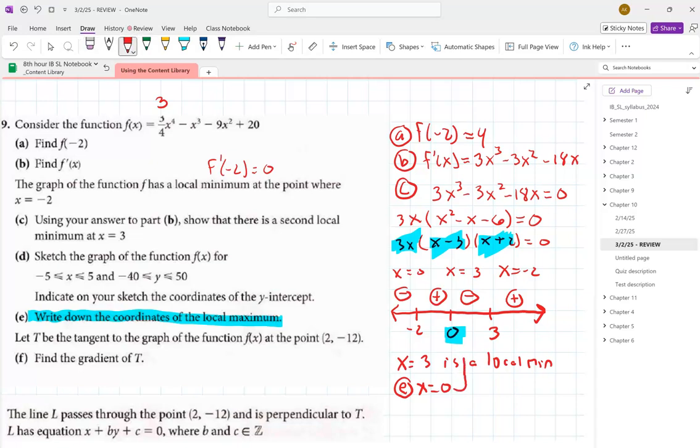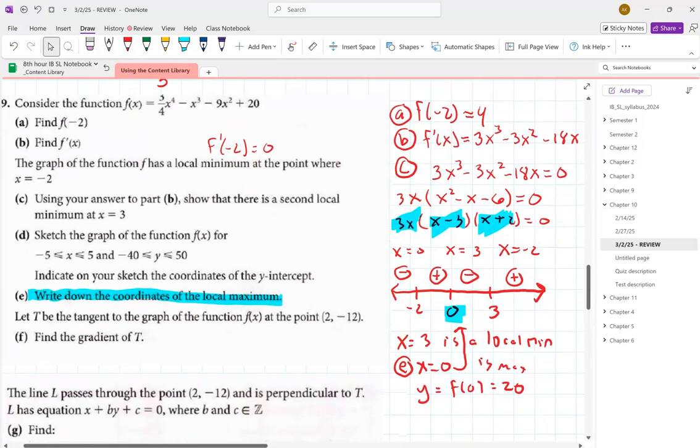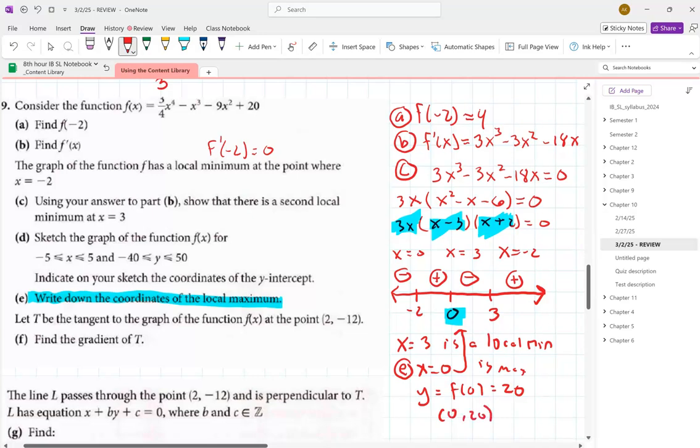So to get the y coordinate for that, I just do f of 0, which I can see is 20, because everything has an x in it, other than the 20. Right, I'm just plugging 0 in, so it's 0 times 0, plus 0 plus 0 plus 0 plus 20. You're like, whoa, that was fast. Yeah, the 0 made it really easy.